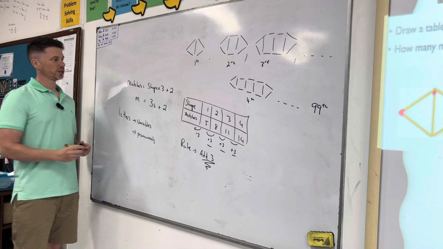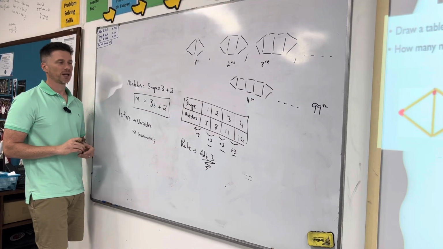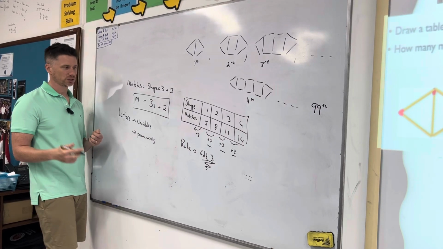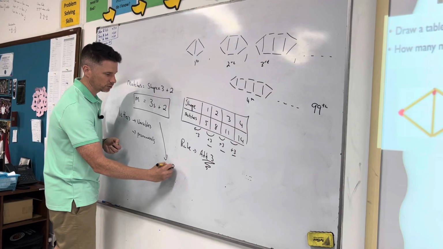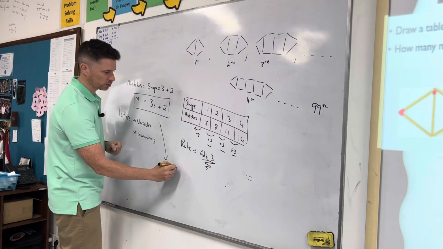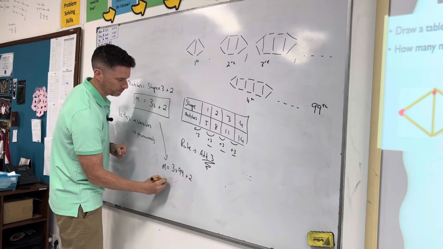Anyway, we can now use this formula, that's our magic formula, to find what the 99th term was. Because the 99th shape, how many matchsticks are in that, I can now use that formula. M is equal to 3S. 3 times, we're looking at the 99th, so 3 times 99, and then add 2.